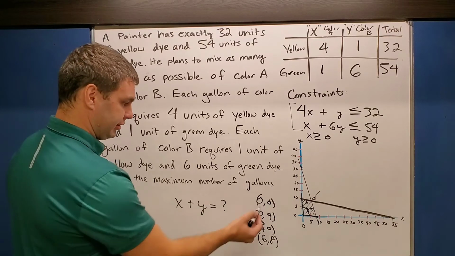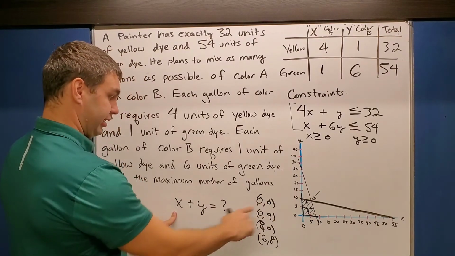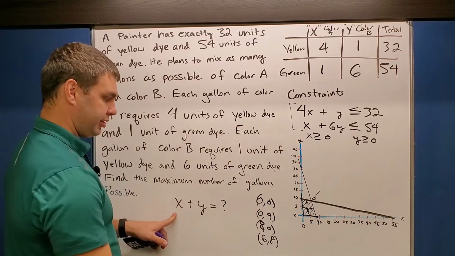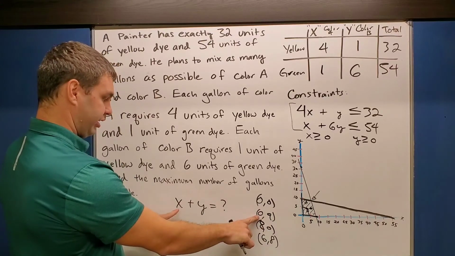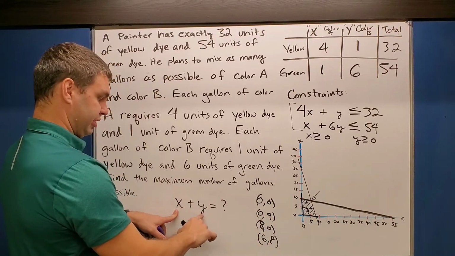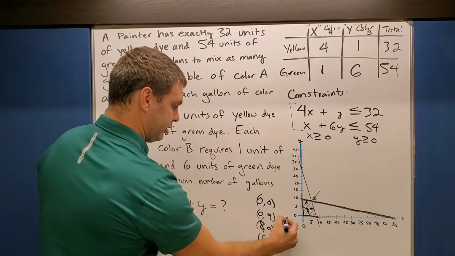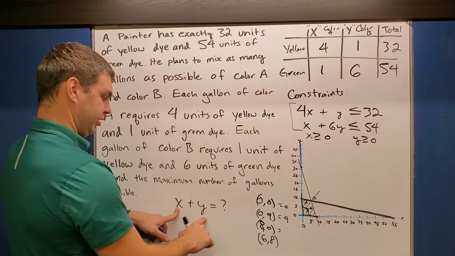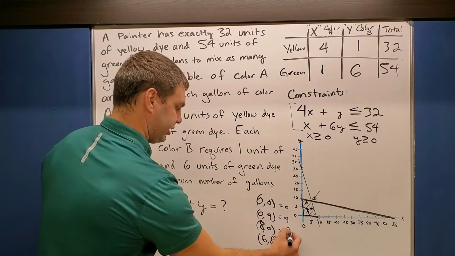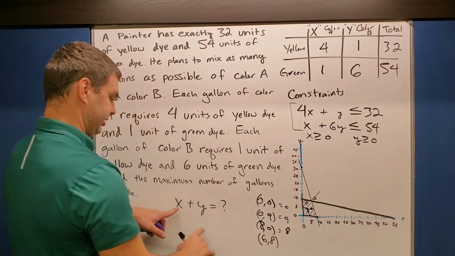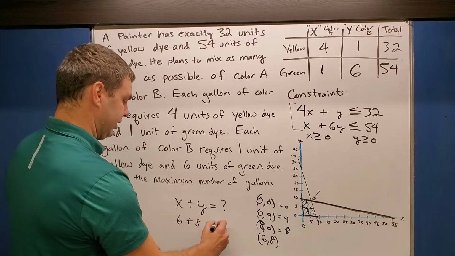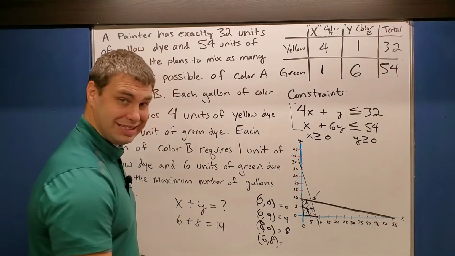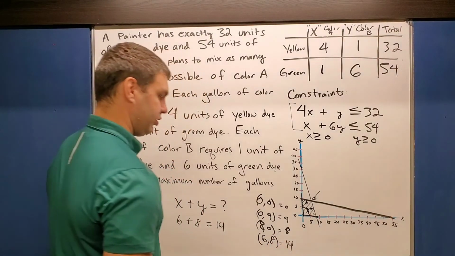In this case, let's see, 0 plus 0 is going to be nothing, right? That's going to give me no gallons. If I do 0 for X, 0 plus 9 is 9 gallons. 8 plus 0 is 8. So obviously the biggest one is going to be 6 plus 8. 6 plus 8 is going to yield 14 gallons of those colors.